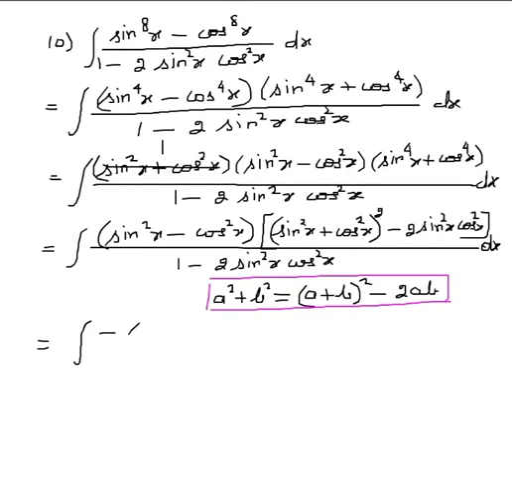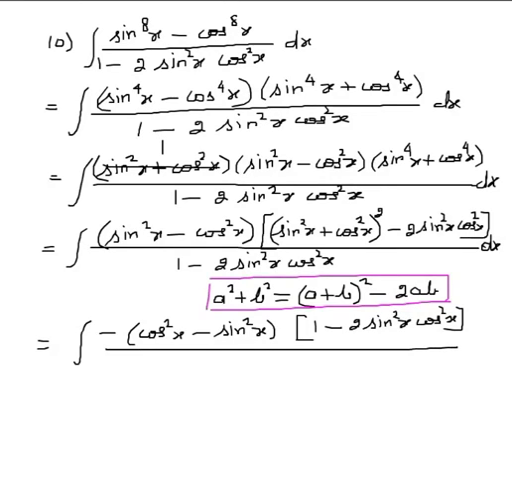In the integral, I can take out a minus sign from the first bracket, therefore it becomes minus of cos square x minus sin square x. And in the second bracket, sin square plus cos square is 1, so we get 1 minus 2 sin square x into cos square x, divided by 1 minus 2 sin square x into cos square x, dx.